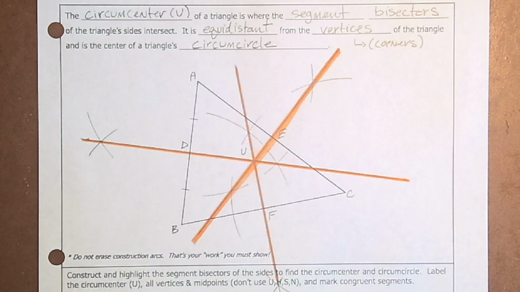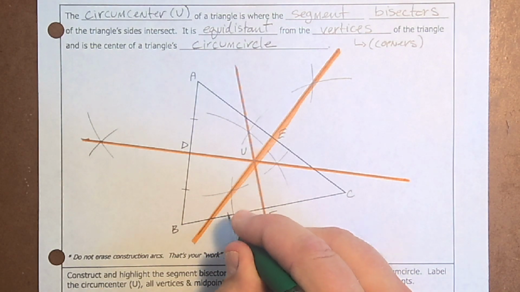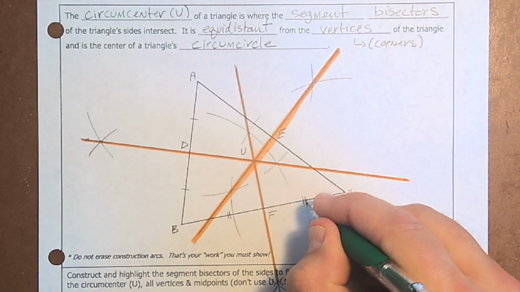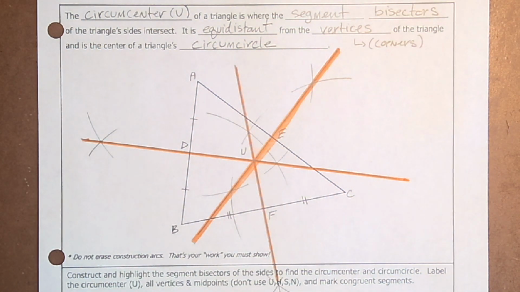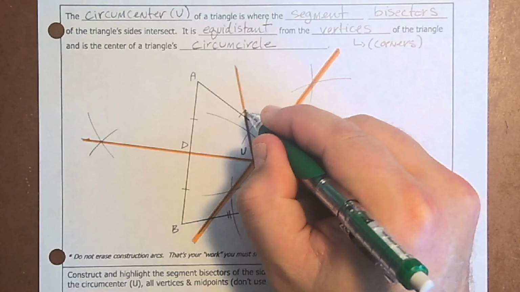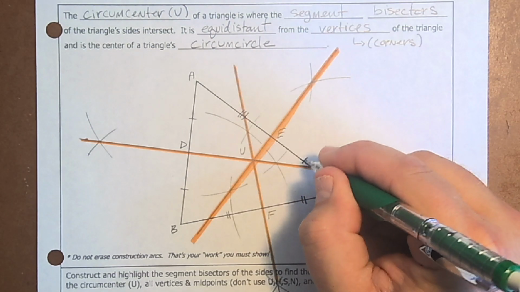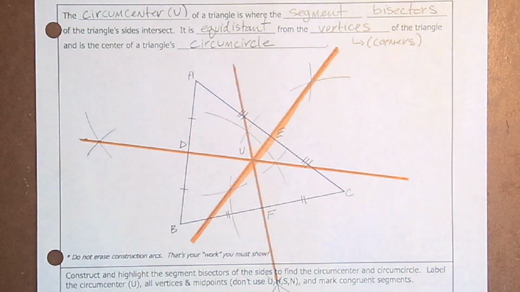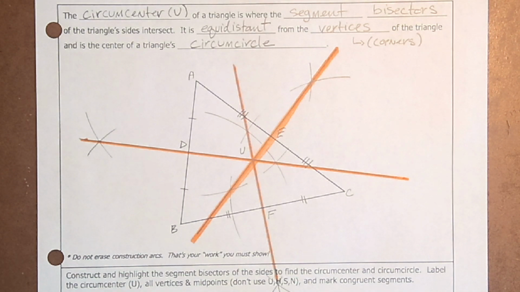So then I should be able to say that BF is congruent to FC, right? Yes. And I should be able to say that AE is congruent to EC. Is that good so far? Yeah. Okay.